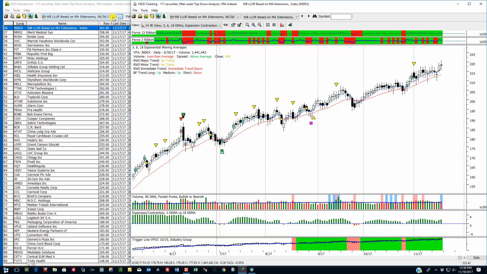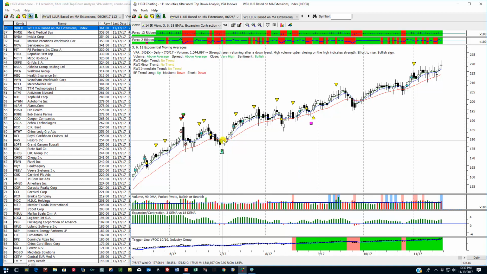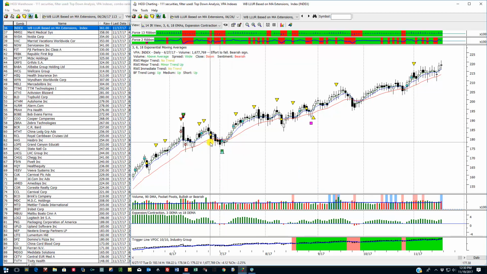In fact, that date, 6/26/17, was right here, and we had a little pullback after that, and then buyers stepped up again, and the market continued higher.